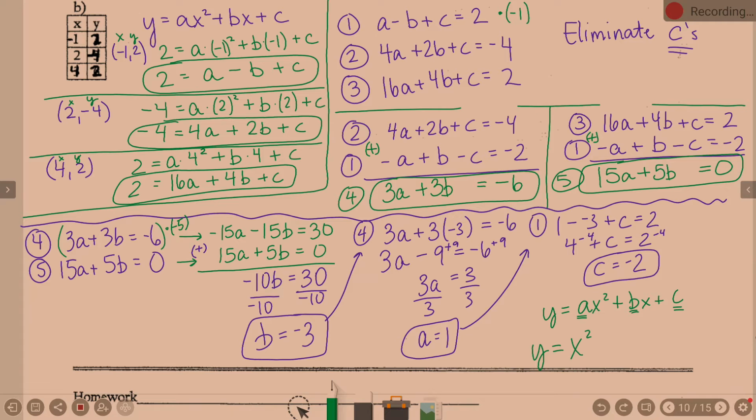Paper and pencil, you can write 1x squared. If Math Excel doesn't care, you're fine. They might not want the 1 there. So you don't have to put the 1 there, but you can. So 1x squared plus bx, minus 3x, plus c, minus 2. Realize I changed those pluses to minuses because those had negative b and negative c values.